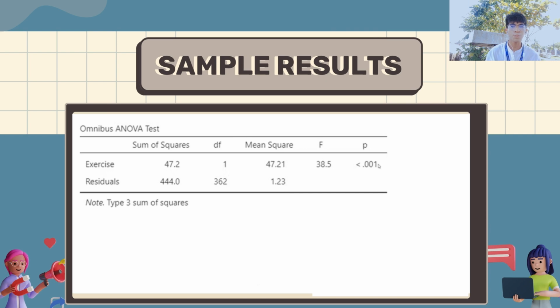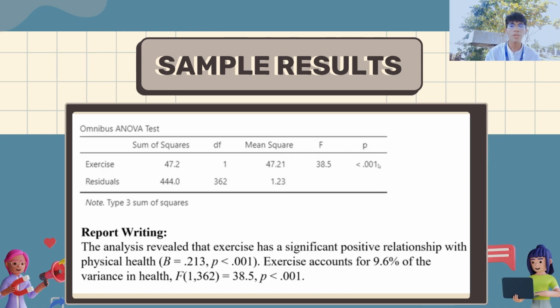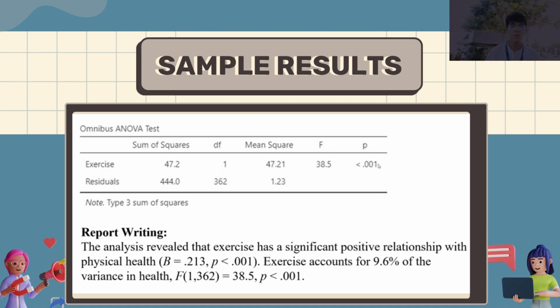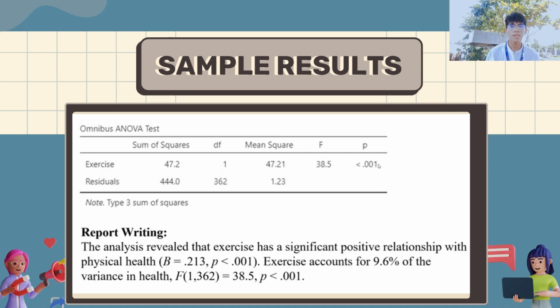Basing on the sample output, we can say that the regression analysis found that there is a significant relationship between exercise and physical health, with every 1 unit increase in exercising corresponding to a 0.213 unit increase in physical health. The p-value for this relationship is less than 0.001, which means that this result is unlikely to have occurred by chance.